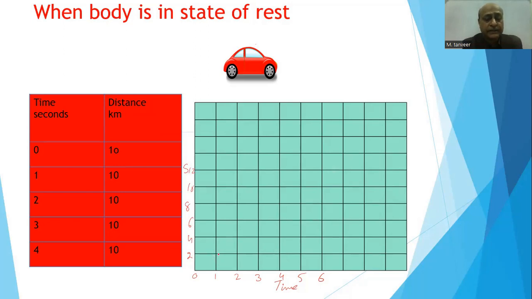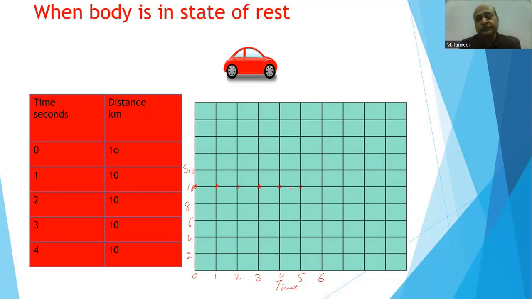So in this case, at time t is 0, distance of the car from the initial point is 10. So we'll mark it as this point. At 1 second, distance is 10. In 2 seconds, distance is 10. Time is 3 seconds, but distance is 10. Time is 4 seconds, but distance is 10. Time is 5 seconds, distance is 10.